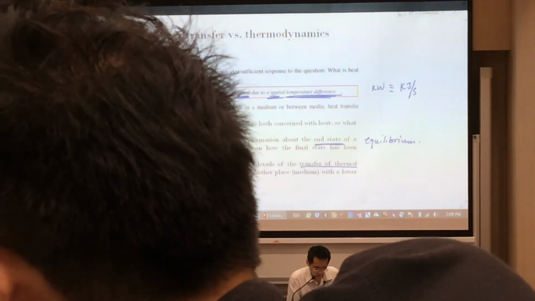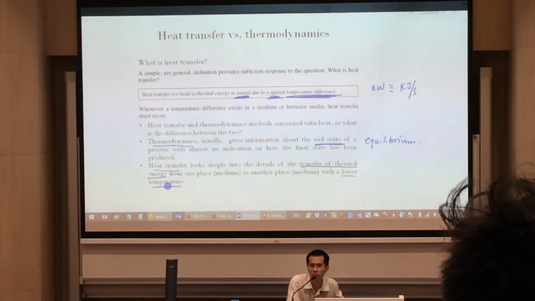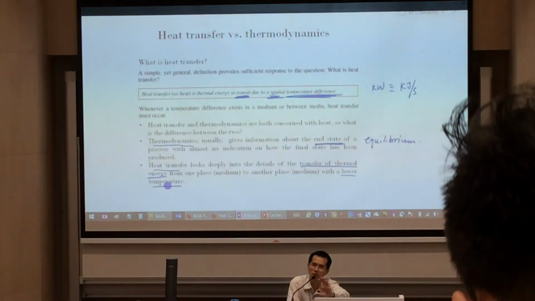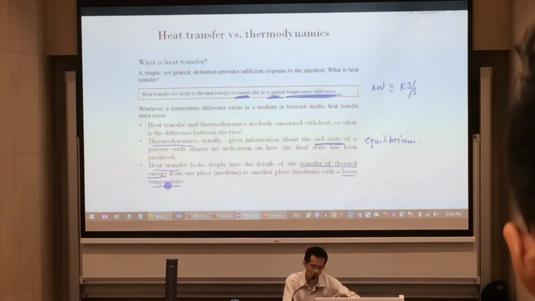Thermodynamics gives you that. Unlike heat transfer, where we look at the transfer of thermal energy from one place to another, from a hot to a cold temperature. So this is the difference. One is talking about thermal equilibrium, thermodynamics, and the other is talking about heat transfer, heat transiting from hotter to colder. That's the main difference.